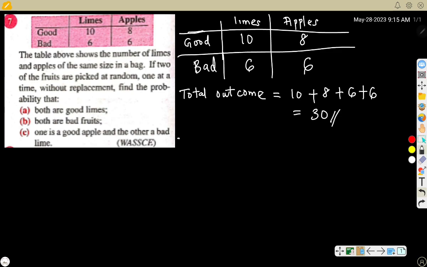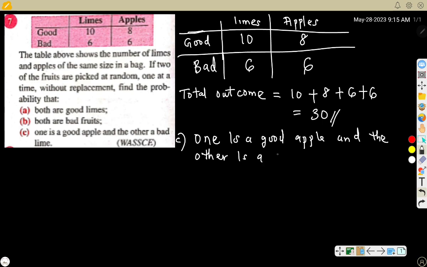C. One is a good apple and the other is a bad lime.